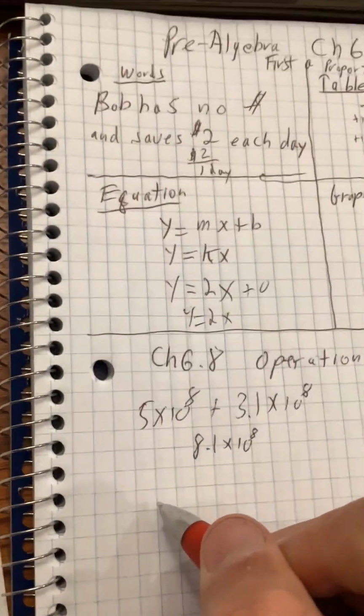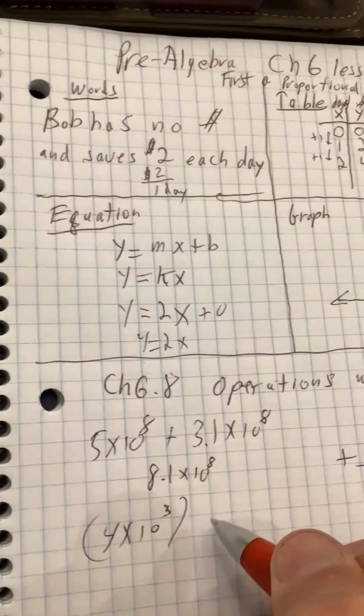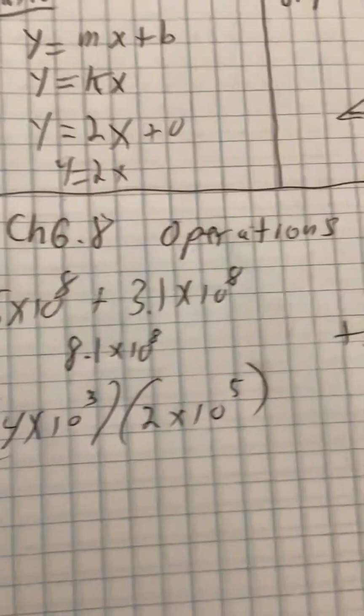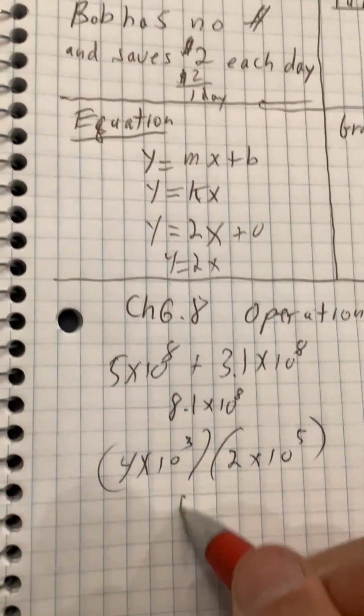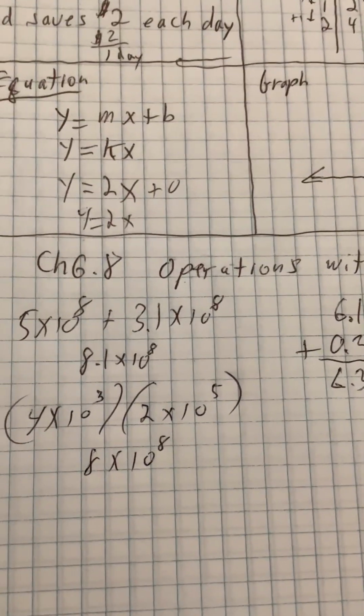Let's do an easy multiplication one: 4 times 10 to the 3rd times 2 times 10 to the 5th. You're going to get 8 times 10 to the 8th, right?